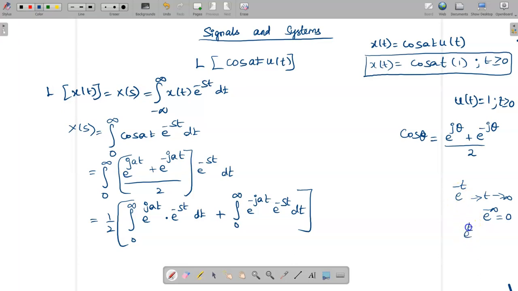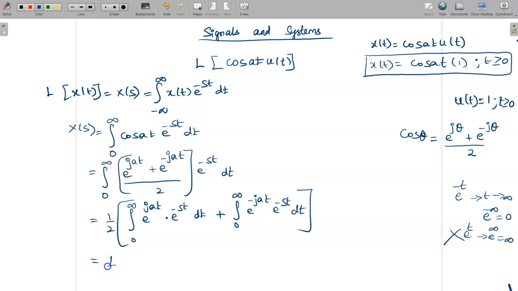Suppose I have an e power t term; when I substitute infinity it becomes e power infinity, which is infinite. I should not get an infinite term, I should always get 0. So whenever the limit has infinity, we should rearrange the terms so that we have the minus t term outside.